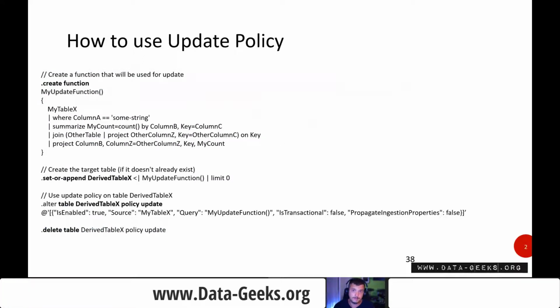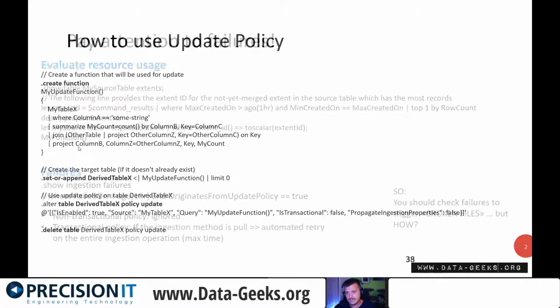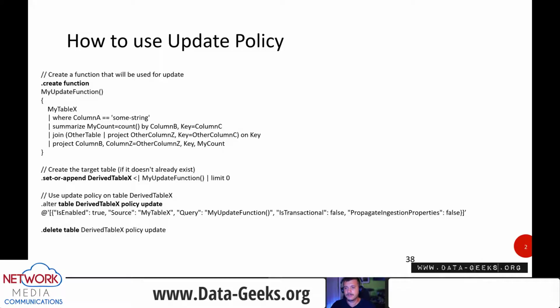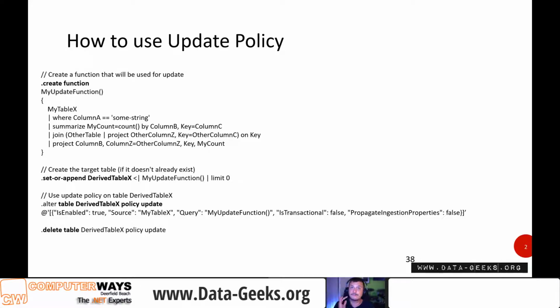How to use it is as simple as we said. Create function, my function. Inside the function, there is a query with the join, for example, a summarize, for example, and a projection, for sure. And if you don't have the target table, you can declare it using, it is important to note this, the result in terms of morphology of the function.